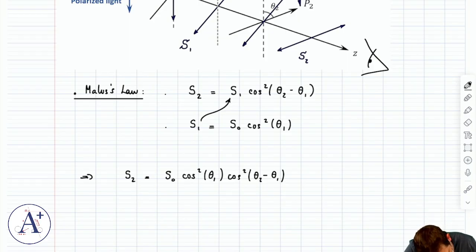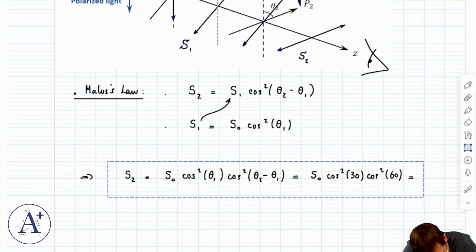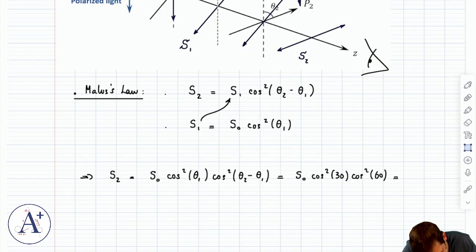That's S0 times cosine squared of 30 times cosine squared of 60. Cosine of 30 is root 3 over 2, and squared that's 3 over 4.